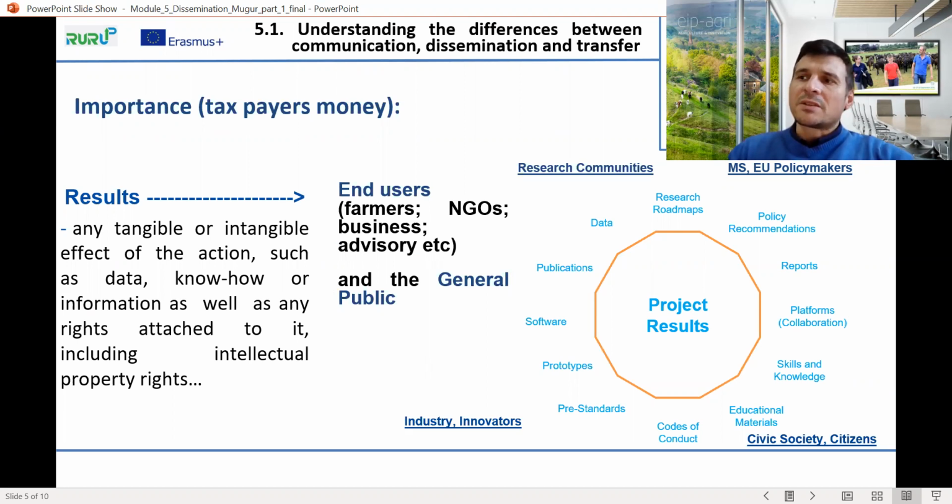The second type of target stakeholders in the communication and dissemination campaigns is represented by the general public. The general public should be informed about the effects of the results, because results should improve their life. It is important to remember that communication and dissemination campaigns should have a relevant impact, both for end users and the society.